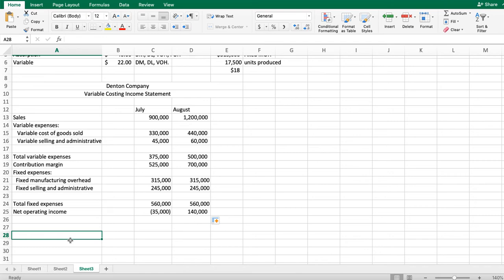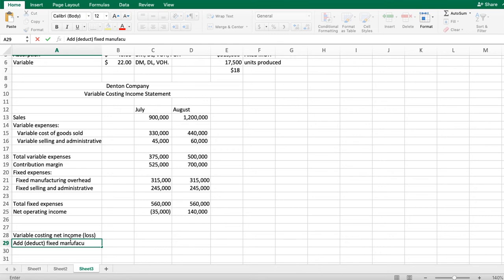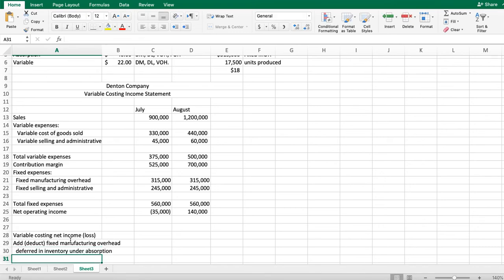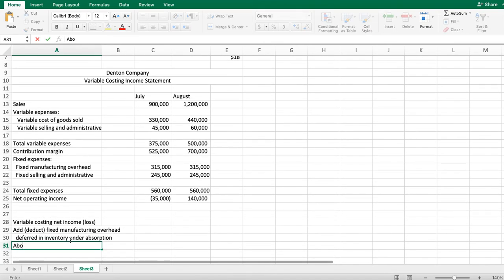So if we want to reconcile this, we take our variable costing net income or loss, and we add or deduct, and this is what I really want you to see, our fixed manufacturing overhead deferred in inventory under absorption. Okay, so think about what we just said there, and you might have to do this a couple of times before it really clicks.